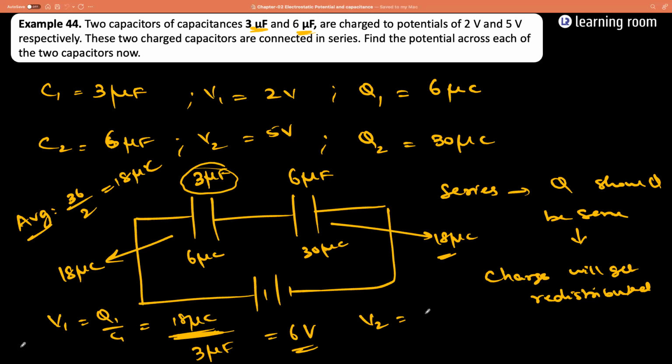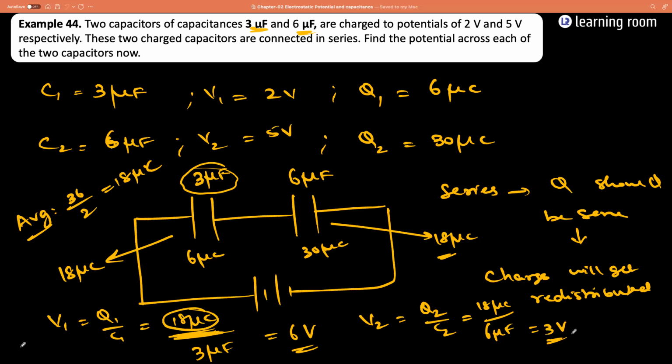Is there any step that is not clear? Please get it clarified. So here I didn't substitute 6, I substituted 18 because after the redistribution only I have to calculate the potential. So this is going to be 18 microcoulomb divided by 6 microfarad, which is going to be 3 volt. Am I clear with these 2 points?